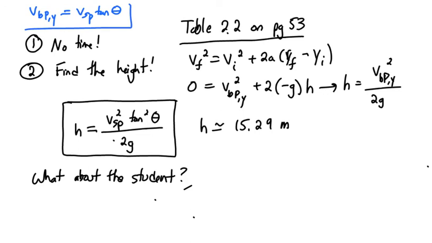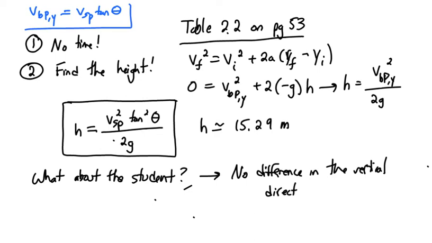So in this case, there's no difference in the vertical direction. And that's because the relative velocity is a vector equation, so if there's any change in the horizontal direction, that's one thing, but that doesn't affect the velocity in the vertical direction.